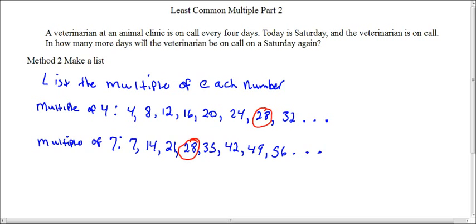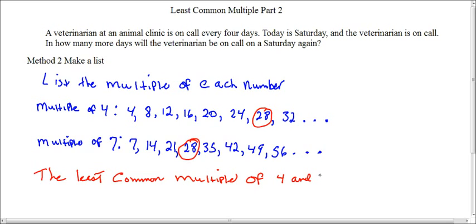So this is telling me that the least common multiple of 4 and 7 is 28. Okay, so it's just that simple.